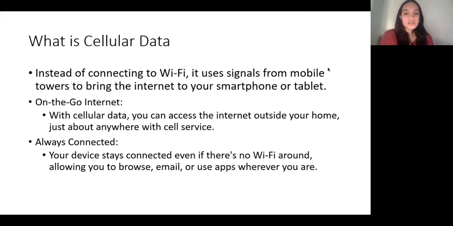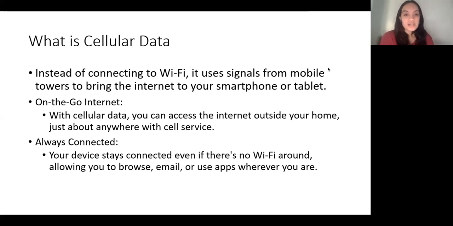But with cellular data, you're able to access the internet outside of your home, anywhere that you have cell service. With the people that you're paying your monthly plan to, you're able to make a phone call outside, in the train station, at the bus station, anywhere that there's cell service, or text message someone.